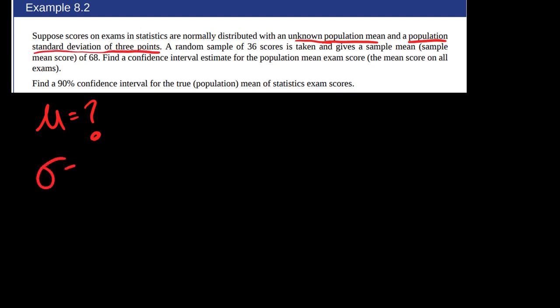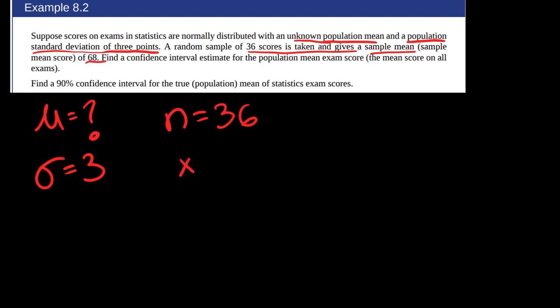So we do know that. A random sample of 36 scores is taken, so that's the sample size, n. And the sample mean is 68. So x bar, the sample mean, is 68.